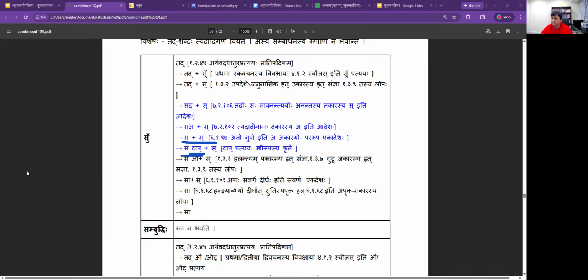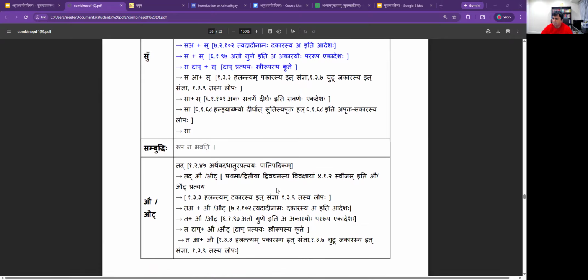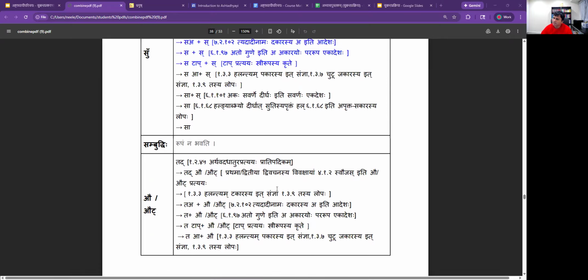Then there is again its saudhnya for pakara and takara, and then we have a remaining, and akasavarne dirgha causing the sa and a to become sa, and halnyam kyo dirghat suti pruktam hala. Sakarasya lopah bhavati. So sa is the final form. Correct.